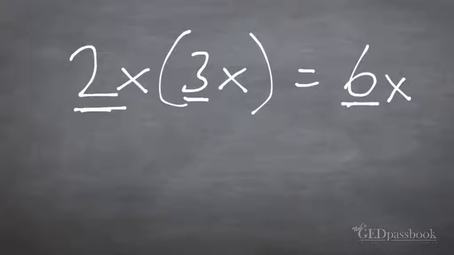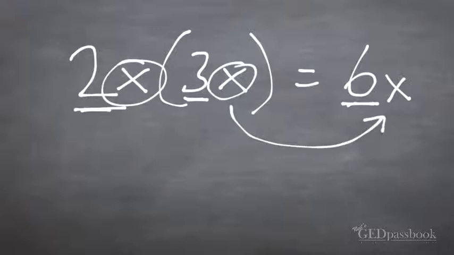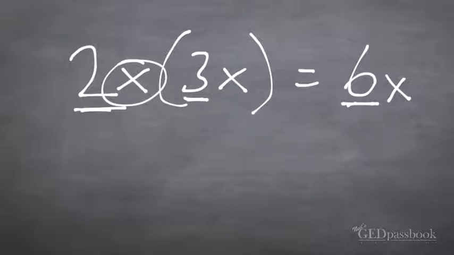Good. And just like yesterday, you saw that they had matching variables, so you just brought it over, right? That's a good guess. Yes. So the answer of 2x times 3x is actually 6x squared.